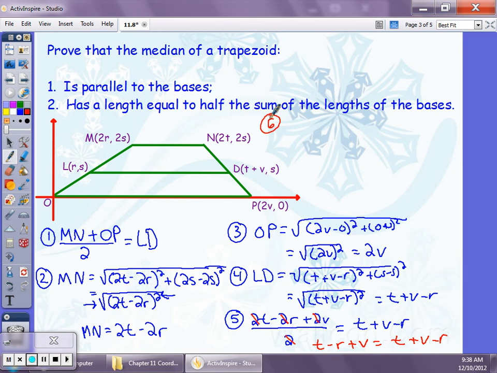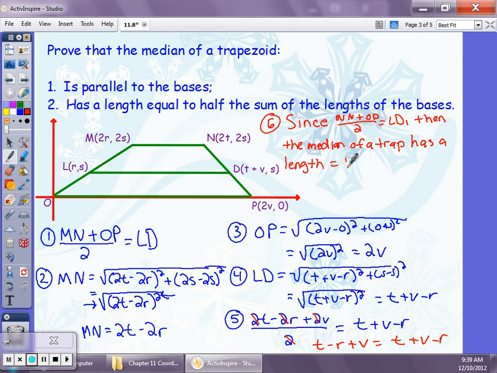So for our concluding sentence, we want to say, since MN plus OP divided by 2 did equal LD, then the median of a trapezoid has a length equal to, remember you can abbreviate, 1/2 the sum of the bases.